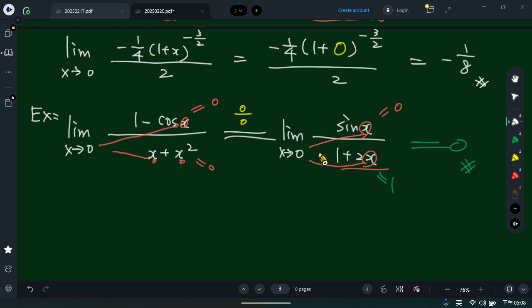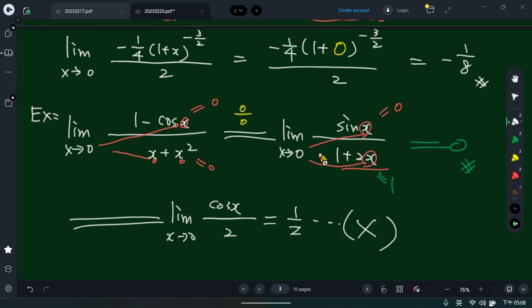If you continue to calculate this one, cosine x over 2, then you will say this is 1/2, but this is wrong, this is correct. What I show you is you need to stop here. Don't continuously differentiate both sides, or finally you will get a wrong result.